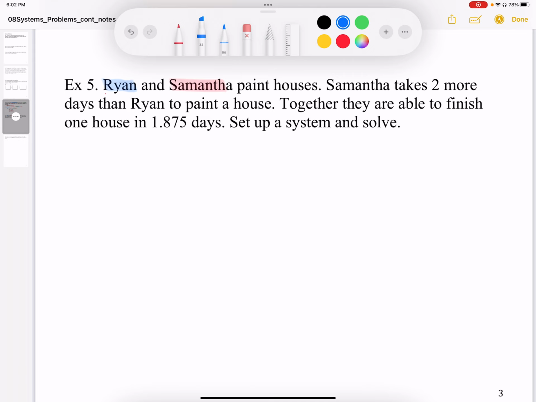Okay, so what's unknown here is the time it takes for Ryan to finish a house and the time it takes for Samantha to finish a house. Now, I'm going to set my variables up this way.